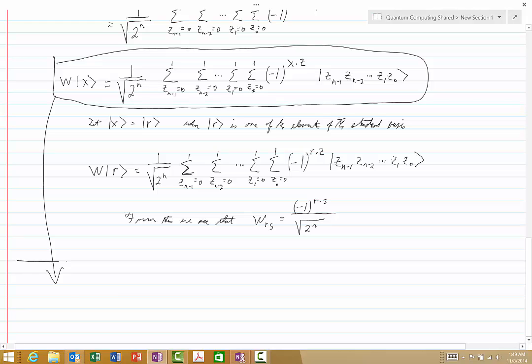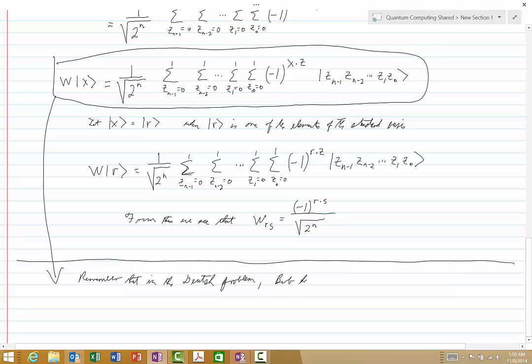Now we're ready to begin talking about the Deutsch-Jozsa algorithm. And let's first start with this reminder. Remember that in the Deutsch problem, Bob has a function f of one Boolean variable.